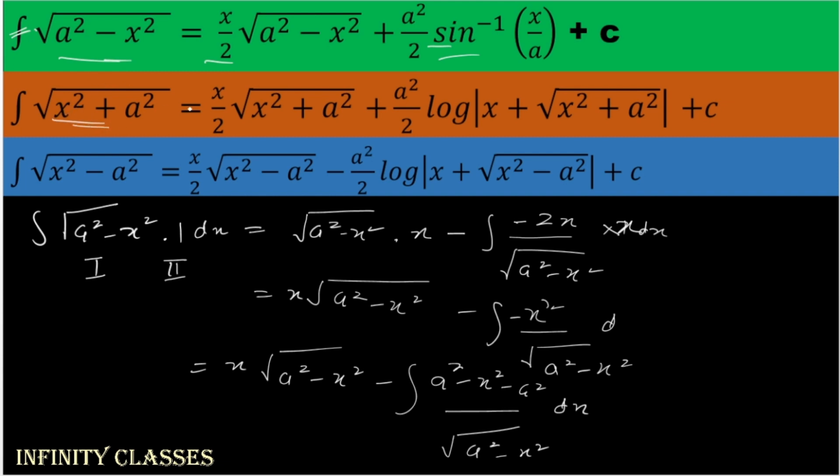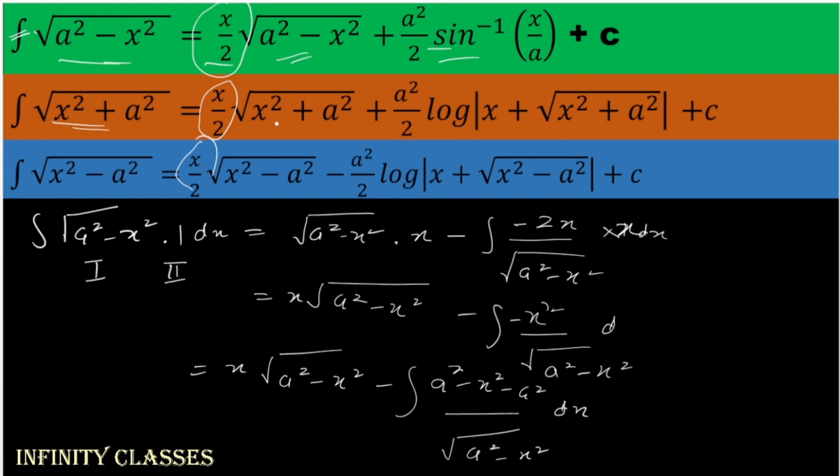So plus, this one we will apply: x upon 2, same result, a square upon 2 log x. If you observe carefully, here is x upon 2, here also x upon 2. After this, same result, and after this, a square upon 2, a square upon 2. Just a little bit of change: here is minus, otherwise everywhere plus.